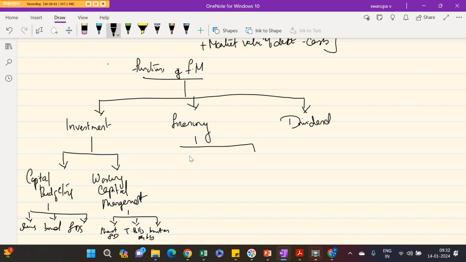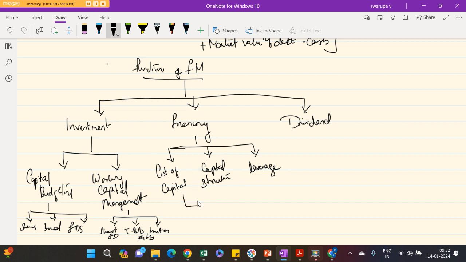Then financing. Financing, when we are going to raise funds, how will we finance a project? It will be based on cost of capital. The second one is capital structure. The third one is leverage. Now, what are these three terminologies?